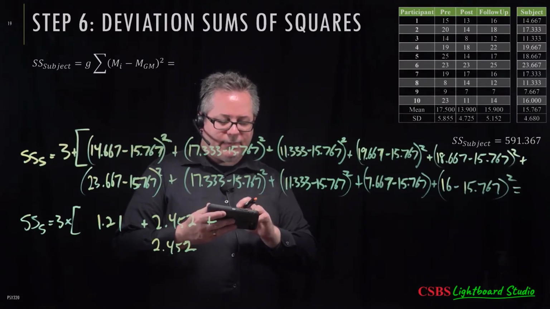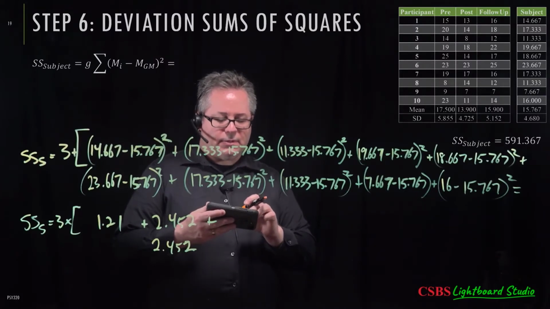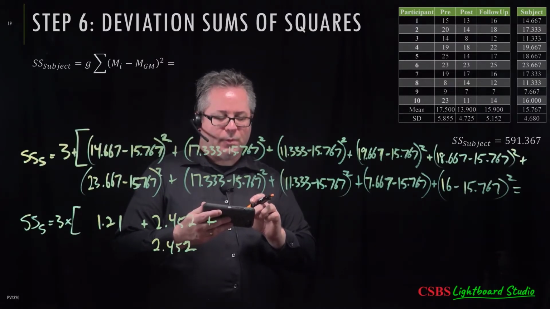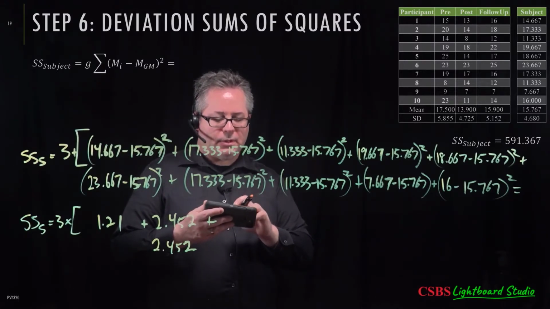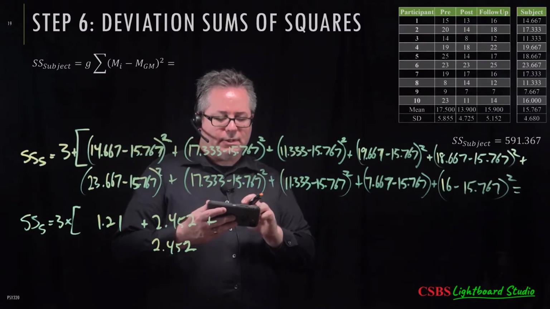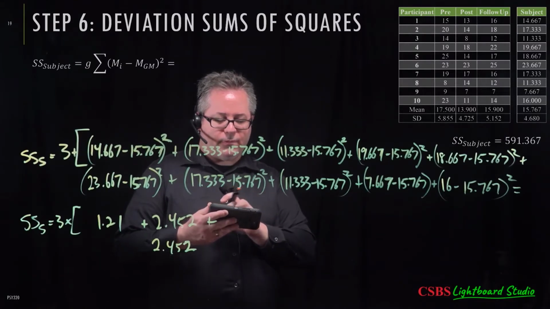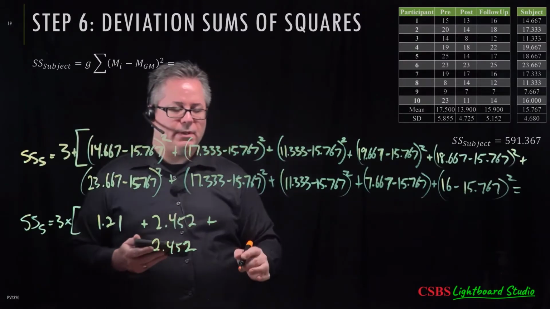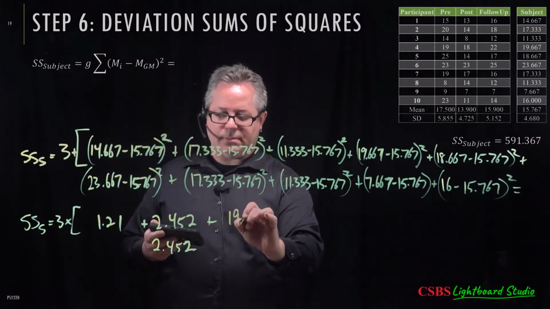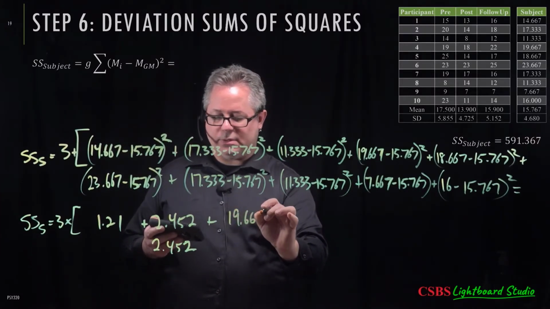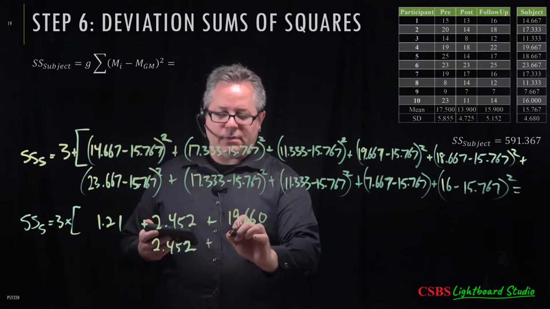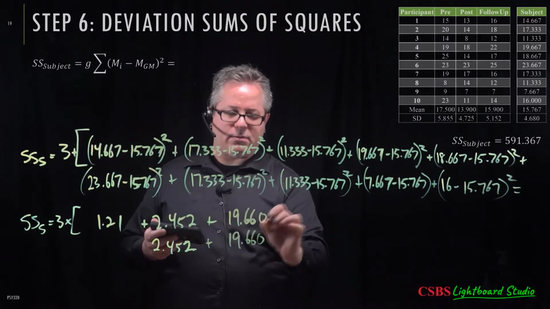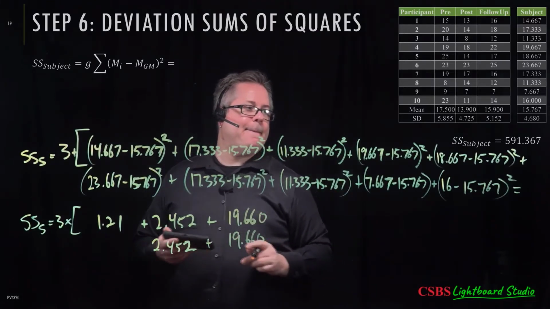Okay. So 11.333 minus 15.767 equals negative, is that right? 11.333 minus 15.767 equals, yes, negative 4.434 squared. So I'm getting a 19.660. Which means down here I also have a 19.660 because they're the same.